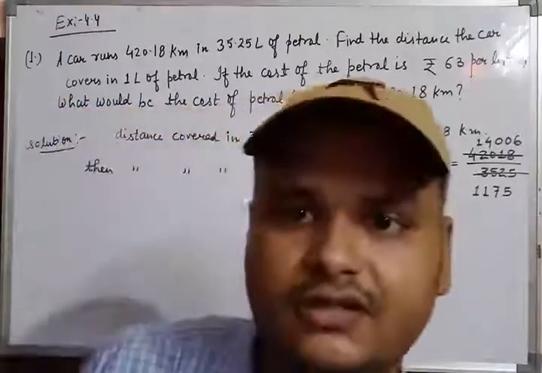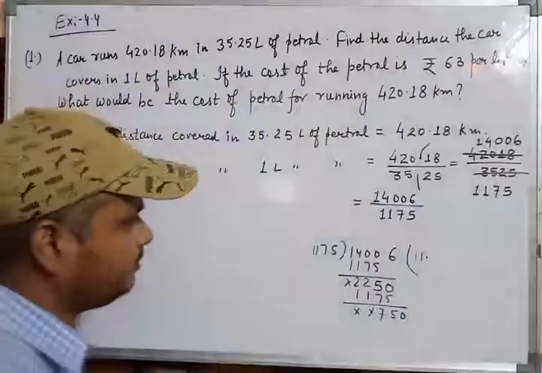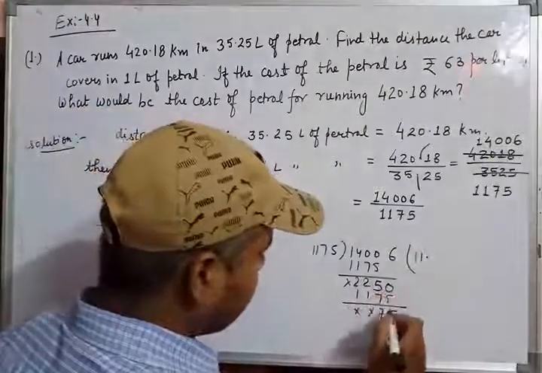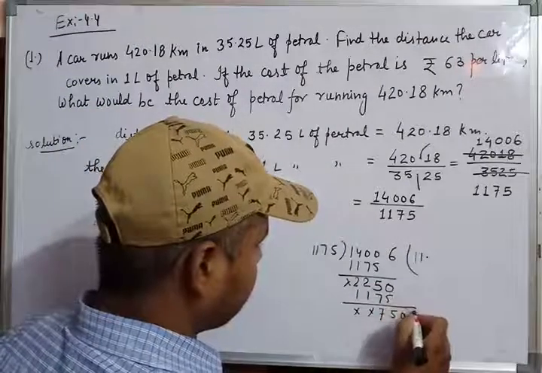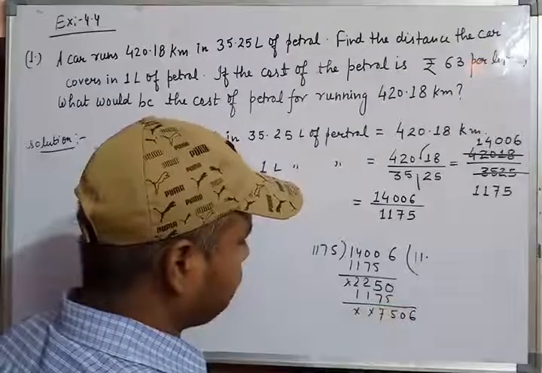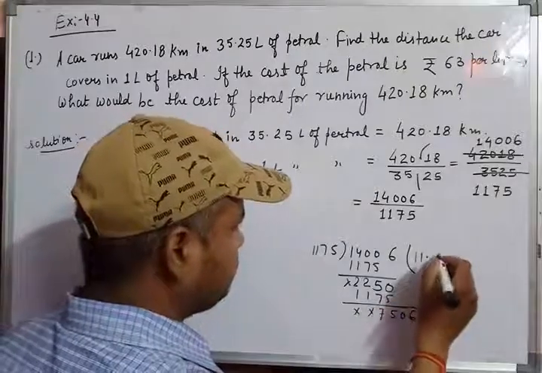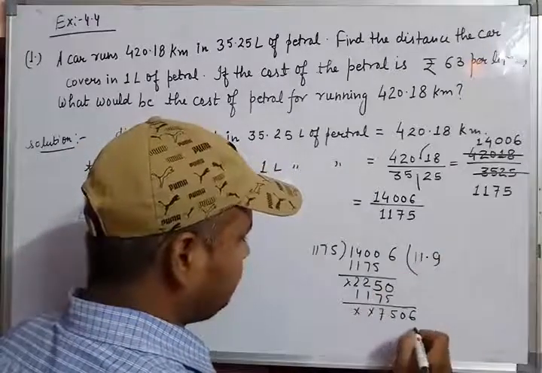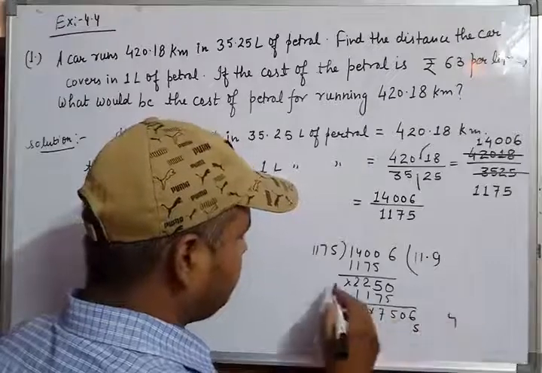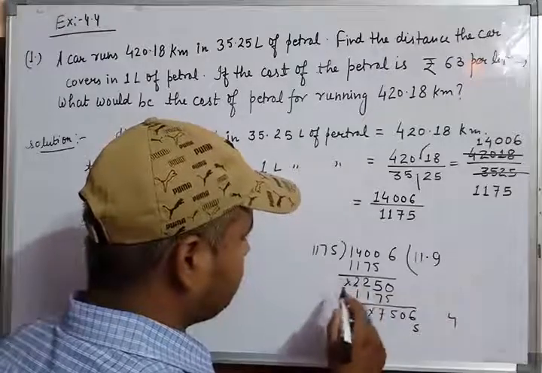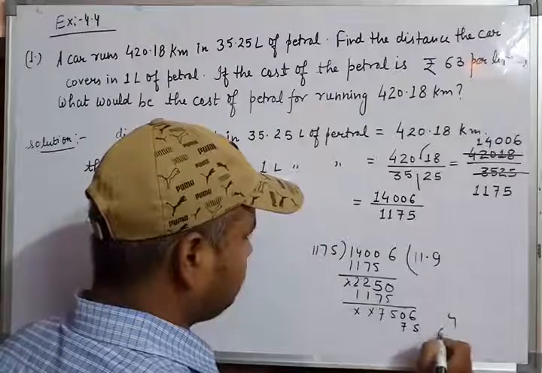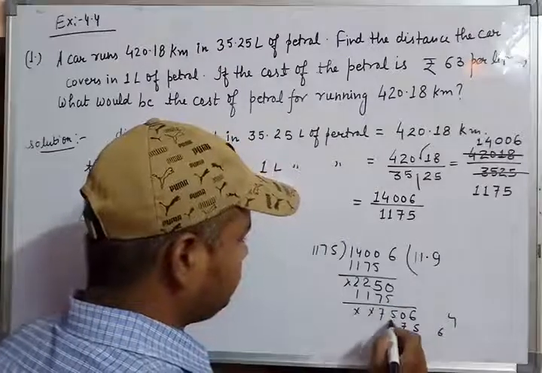Let me check how we can find the 11.92. Here, yes, 9 5s are 45, 4 carry, 9 7s are 63 and 4 is 67, and 1 9 or 6.